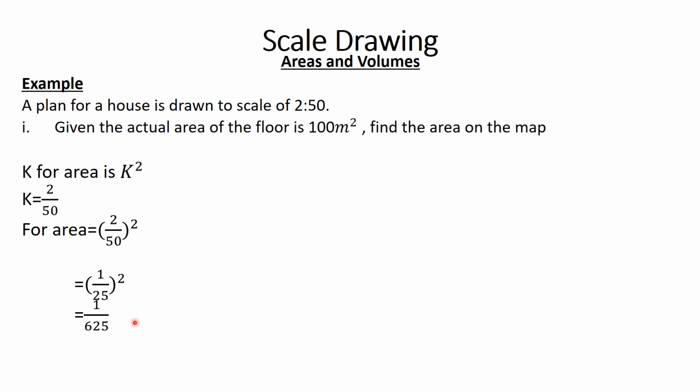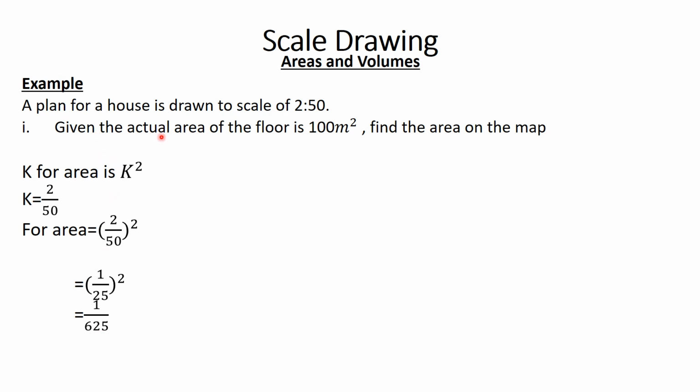Now you have to note that in the scale factor 2 to 50, 2 is what is on the map, 50 is what it represents in reality. So on top we put numbers that are on the map, then on the bottom numbers in reality.